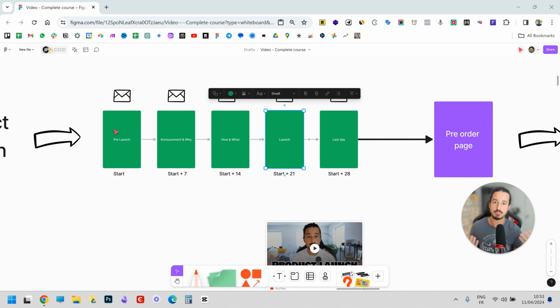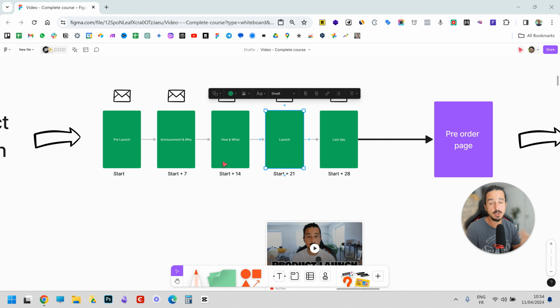You just want to use the real scarcity that exists, by showing at the same time, okay, this is how many people are already interested in this product, and this is how many products are available. So in this whole journey of the email sequence, people would also feel this fear of missing out. Okay, I'm not the only one that received this email, so I want to be part of the ones that access this product.